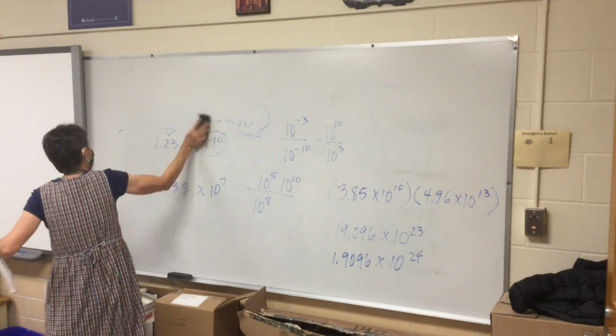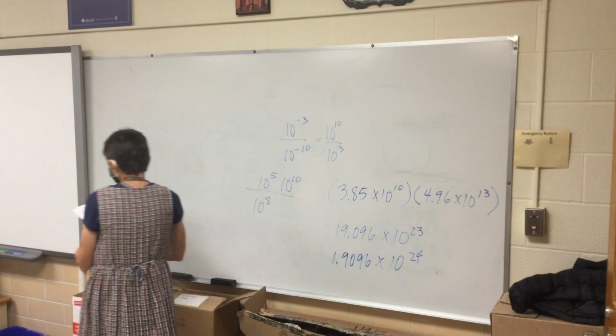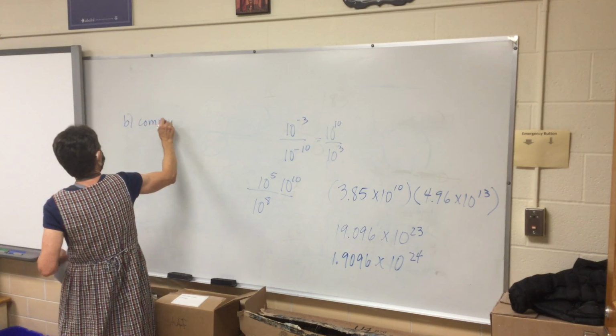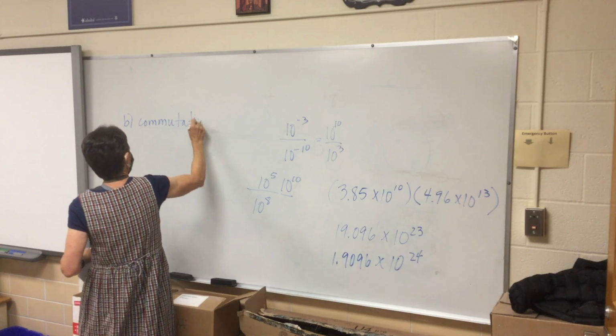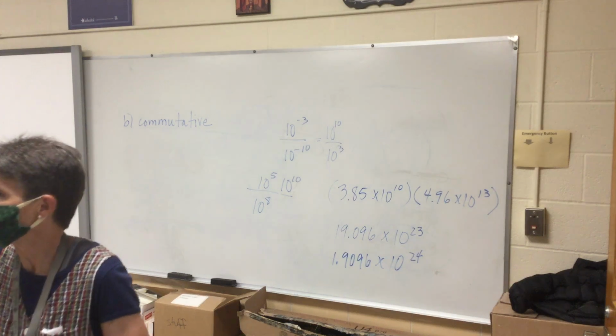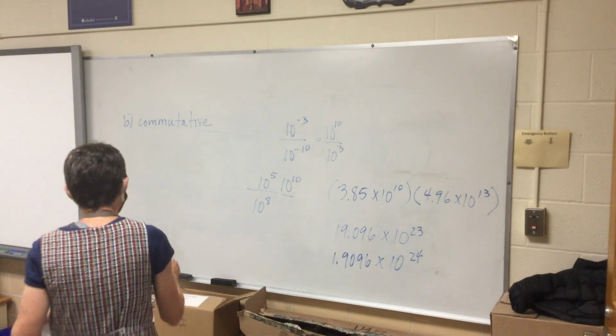Oh my gosh, you're awesome. I'll write that up here in case you forgot how to spell it. B is the commutative property, because the commutative property switches the order. And isn't that what happened in problem B? The order changed. How about C?